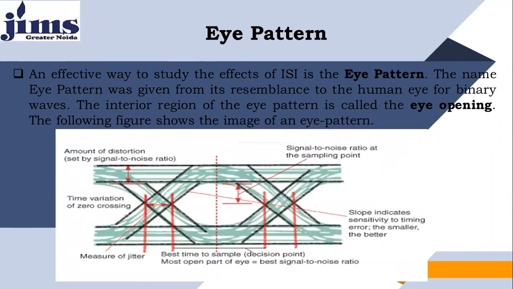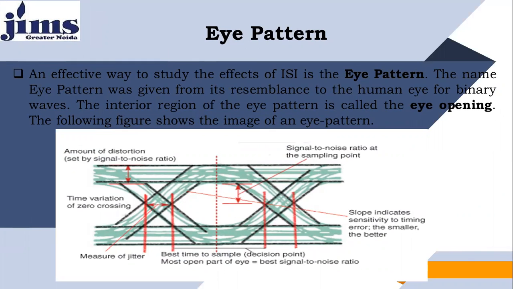Come to the eye pattern. What is this eye pattern? An effective way to study the effect of ISI is the eye pattern. If you want to study the effect of ISI when the signal reaches the receiver, and see how much the signal is affected by this ISI, then the eye pattern is the easiest way.